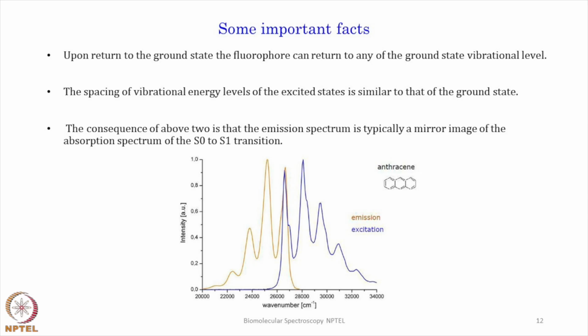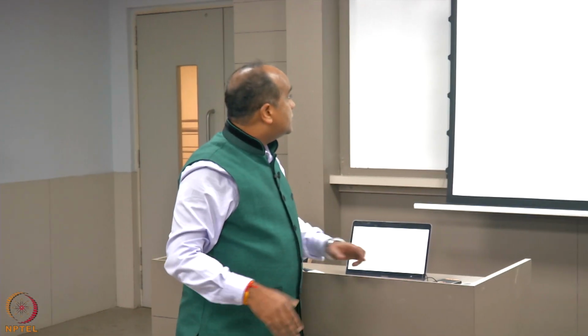Does it make sense? Upon return to the ground state, the fluorophore can return to any ground state vibrational state. From S1 it can go to S0 V0, S0 V1, S0 V2, S0 V3. Absorption goes from S0 V0 to S1 V0, V1, V2, V3, V4. So, this spectrum typically shows a mirror in the first transition level, beyond that it does not, because it goes to S2 in absorption. Conceptually this is clear, right.